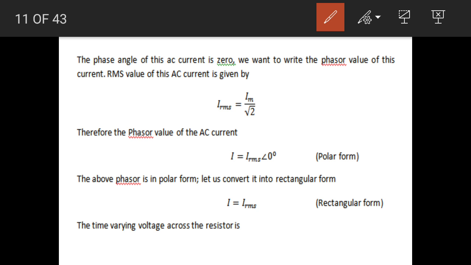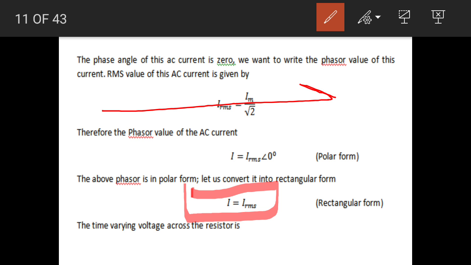So the real component of this AC current will be equal to the RMS value of this AC current, and the imaginary component of the AC current will be 0. So current is a real quantity. Current is a real phasor. As it is a real phasor, we shall consider this phasor along the x-axis. So the phasor for the AC current in this series combination is a reference phasor.